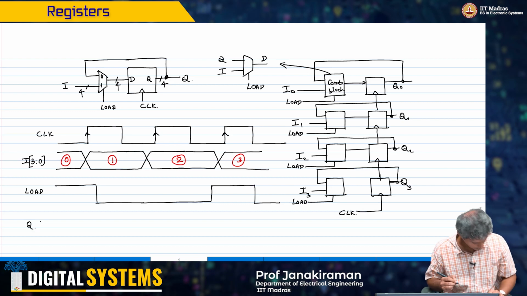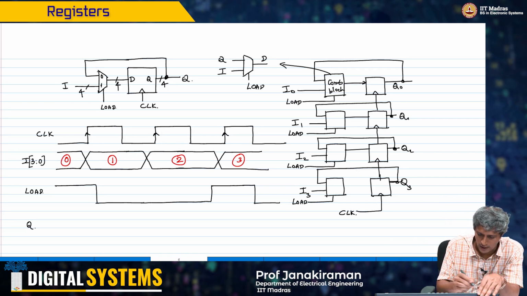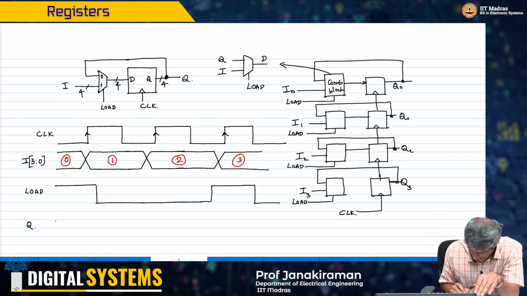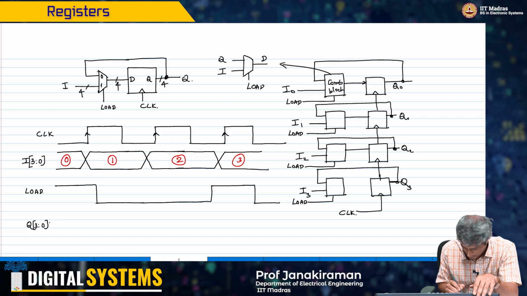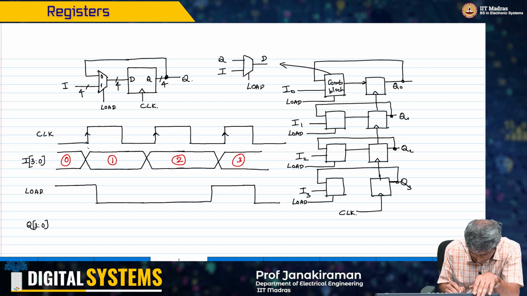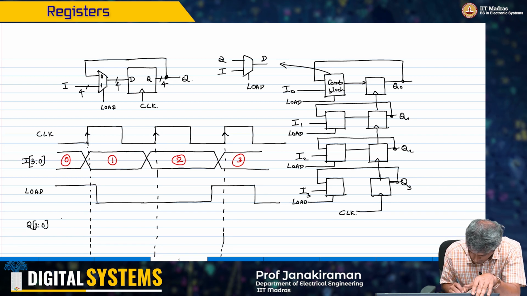I want to observe what is the output Q and figure out the pattern for Q, okay. So for Q, again it is going to be 3:0, right. Now this is the first sampling edge, second and the third, right. So what is this?